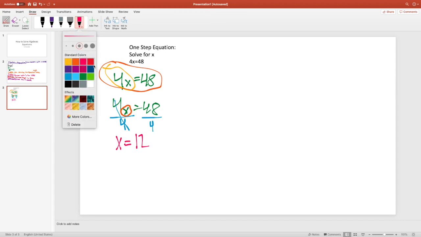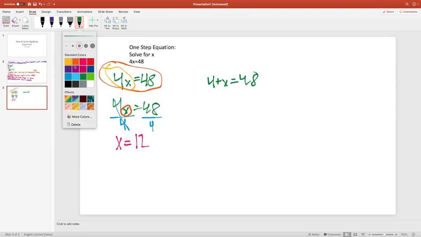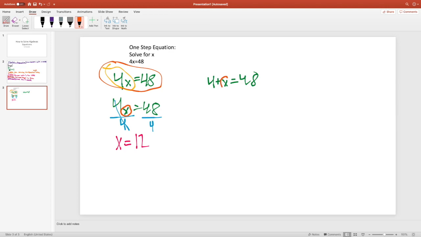Now if we were to take the same equation and write it in, let's say addition, 4 plus x equals 48. We would identify the variable, which is x.